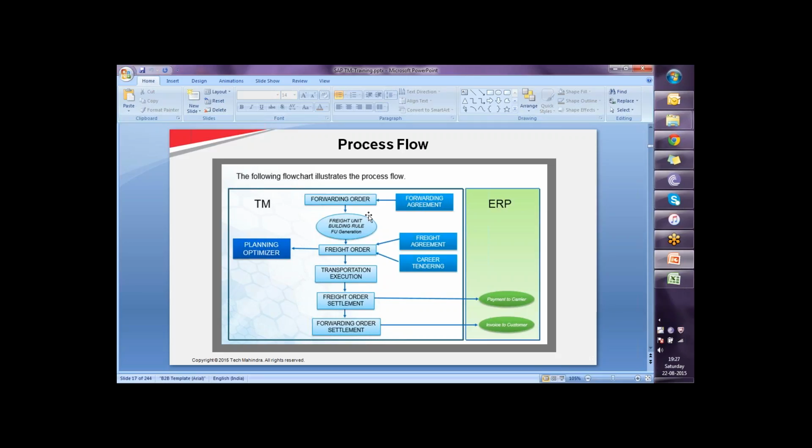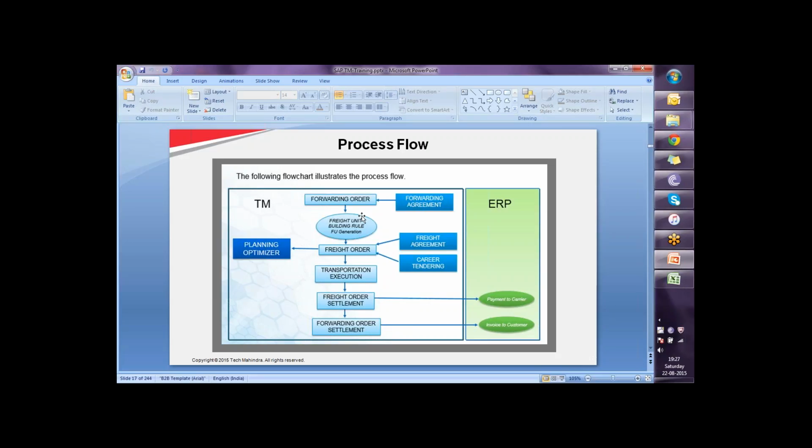Now it is linked with the forwarding agreement, which is a contract between the ordering party and the customer. This gets used when you are going to calculate charges and when you are going to initiate your forwarding order settlement. Out of the forwarding order, you derive your freight unit. A freight unit is basically the smallest unit which you can transfer from one location to another.